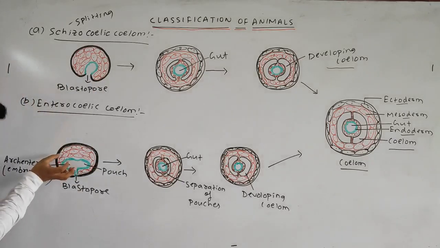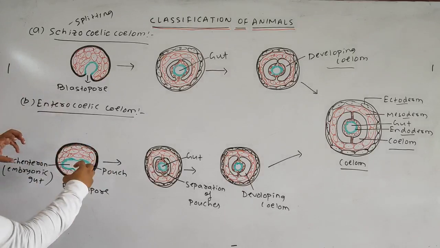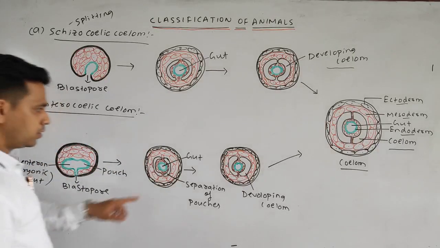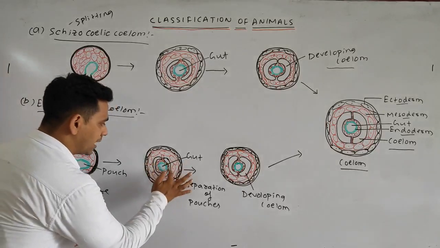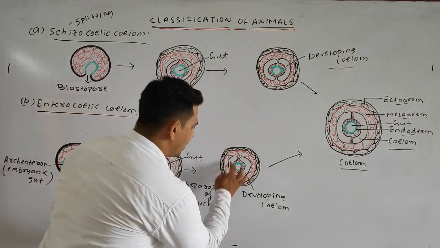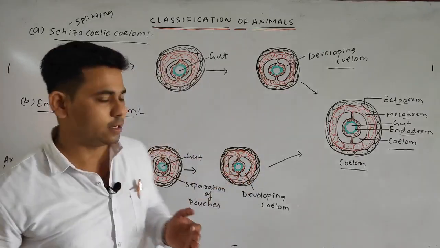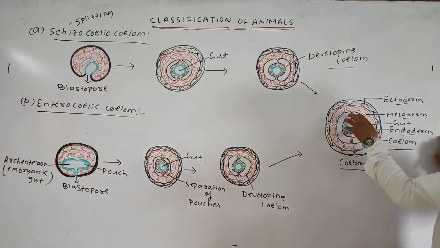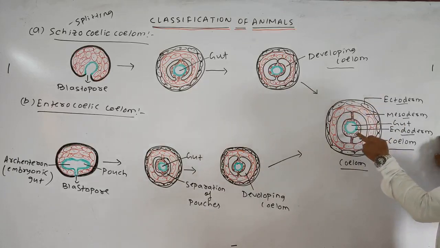You can see some pouch-like segments are formed, and they will further get separated, or split. The separated pouch-like segments start forming the coelom, which further develops as the developing coelom lined by the mesoderm, and finally it will be completely developed into a true coelom, with outer ectoderm, middle mesoderm and inner endoderm.